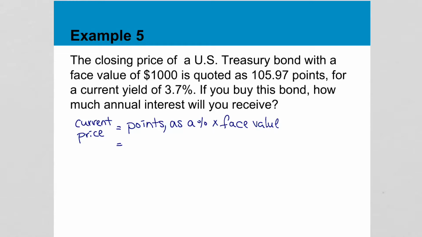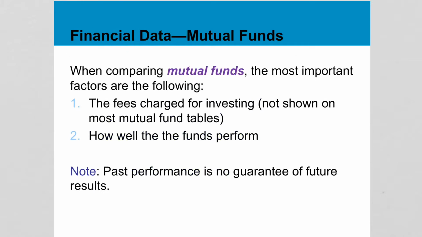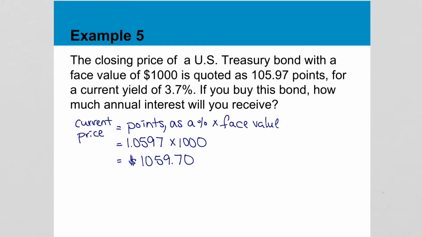So the points as a percent, it says 105.97 points. Change that to a percent and it's 1.0597 times the face value, $1,000. So the current price of the bond is $1,059.70.